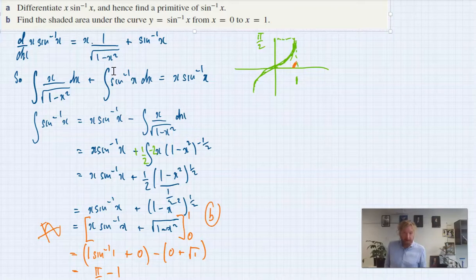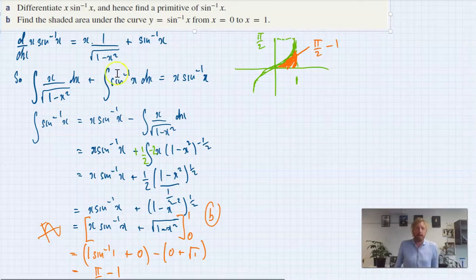And from my answer below, it's told me that this bit is pi on 2 minus 1. That's what I found. I want to do it a different way now, just by thinking cleverly about it, using areas and turning your head on its side.